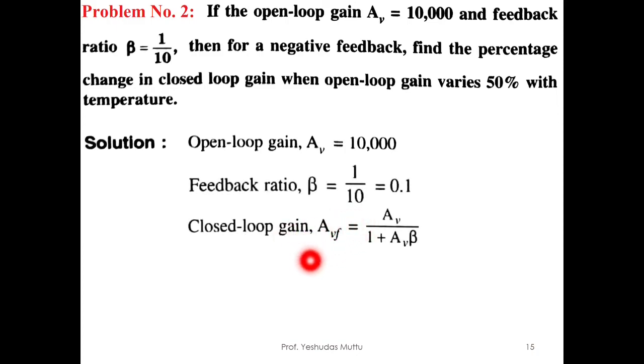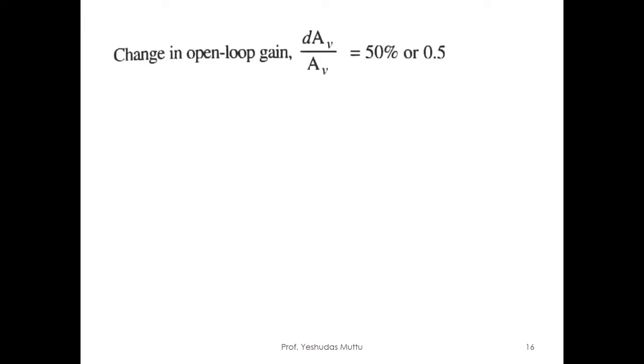Now first of all we need to find AVF. So AVF will be AV upon 1 plus AV beta. Substitute, all the things are present with us, so you'll get some answer, please do check. Now open loop gain variation dAV by AV is given to us as 50%.